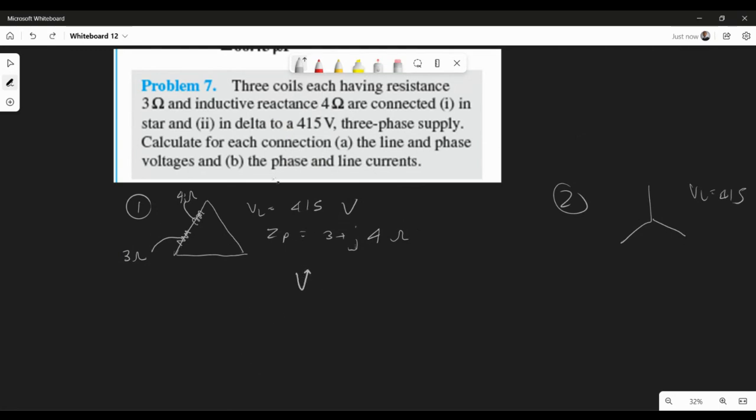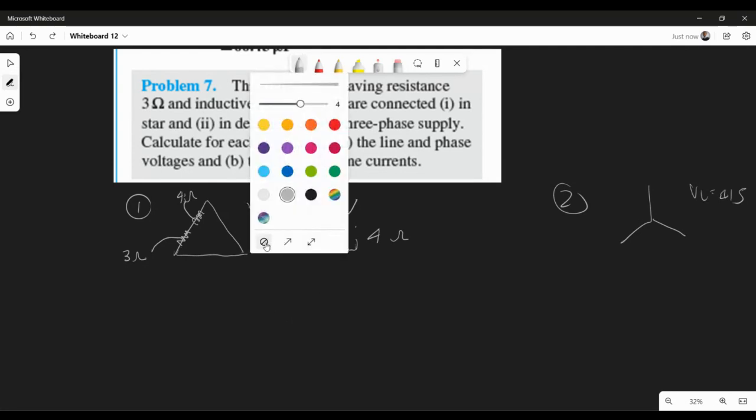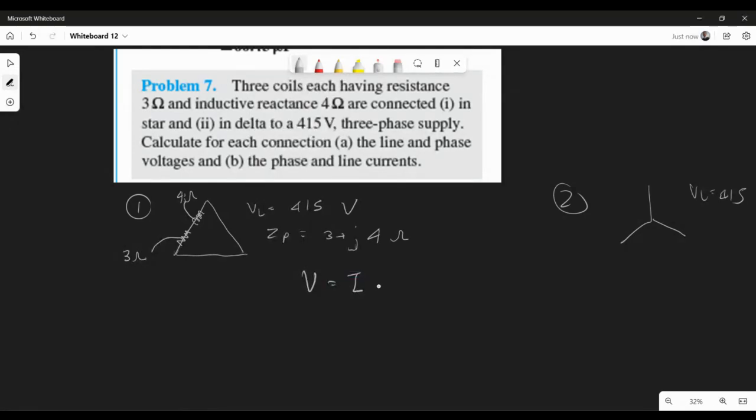So V equals I Z. To make you aware, when we do this, we always work per phase, because you're given your impedance per phase, so you have to work with your phase voltage and phase current.